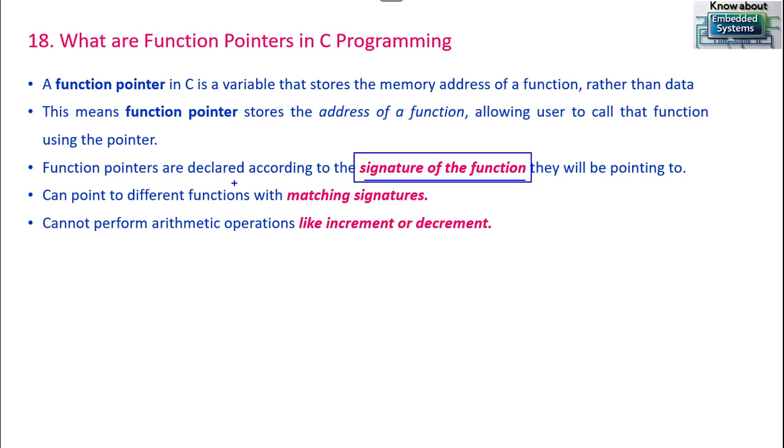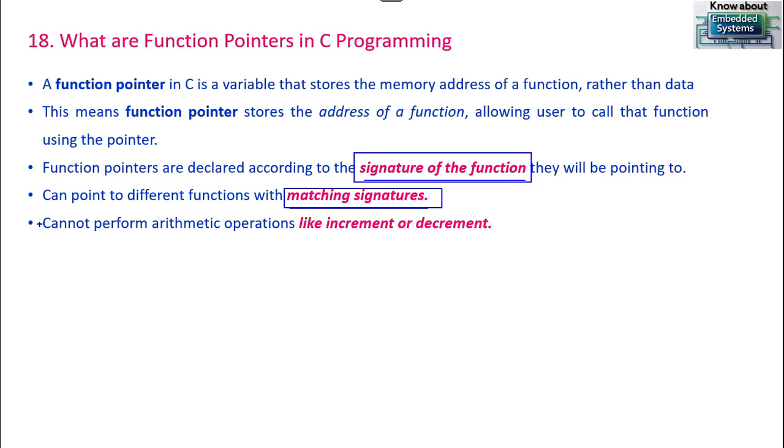The second thing is that function pointers can point to any function which matches the signature. What is the matching signature? I'll tell you later. Just keep it in mind.